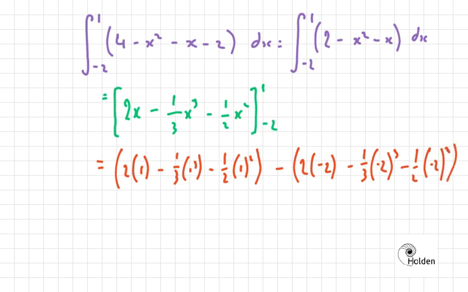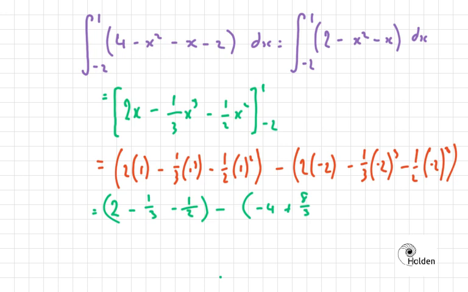Close the bracket. A little bit more processing. 2 minus 1/3 minus 1/2, minus, so minus 4. Minus 2 to the power of 3 is minus 8, so we've got plus 8/3.